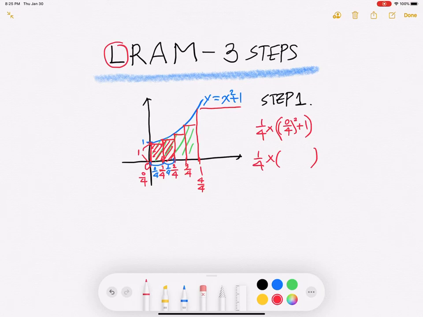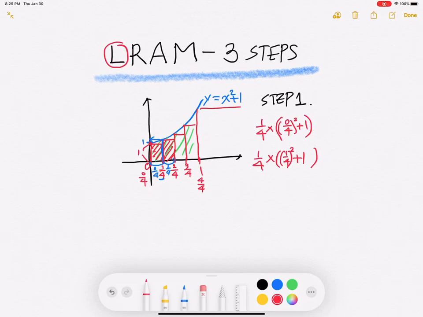The height is the y value at this left point. So when x equals 1 over 4, the y value is the height of the second rectangle, right? So plug in 1 over 4 for x: 1 over 4 squared plus 1.